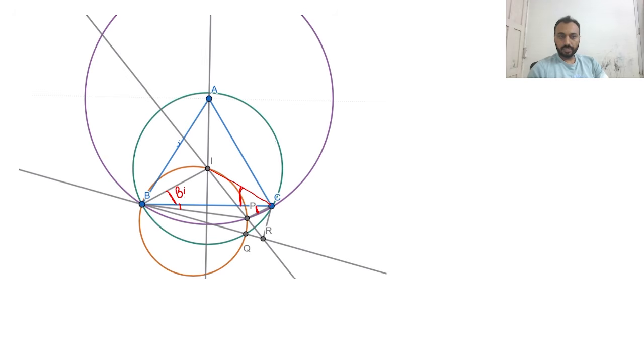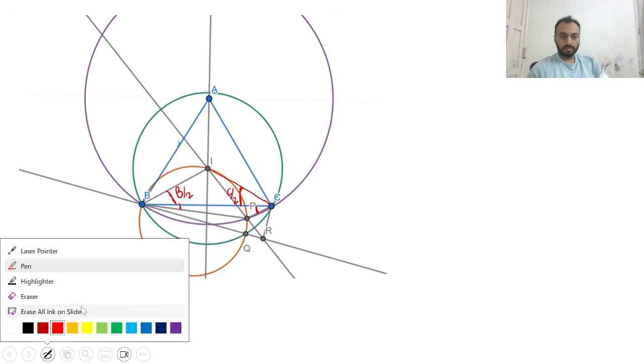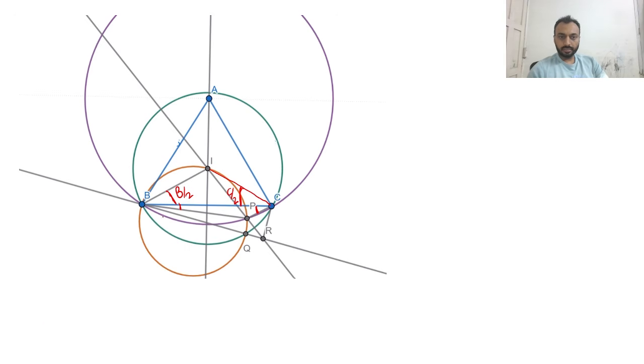Now we know this part of the angle is B by 2, and this part is C by 2. We just have to figure out these two parts of the angle. So we already have B by 2 plus C by 2, and we have to find this X plus Y.